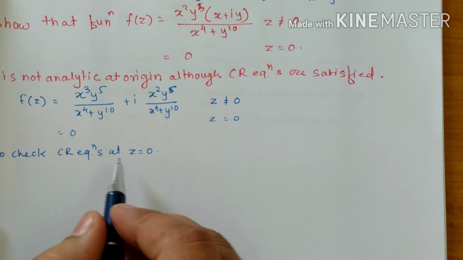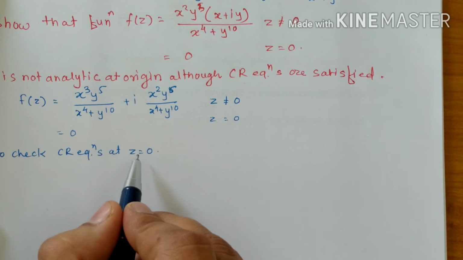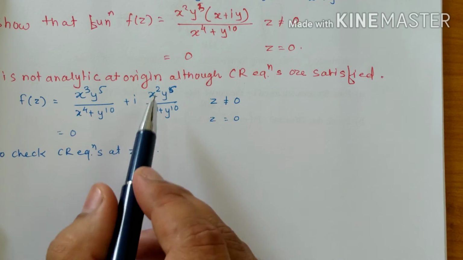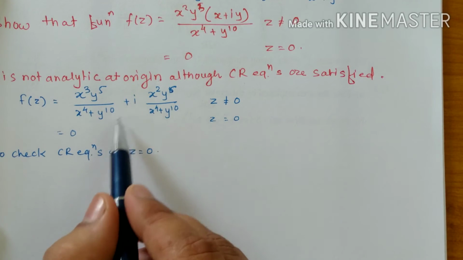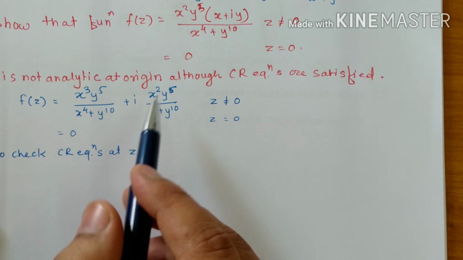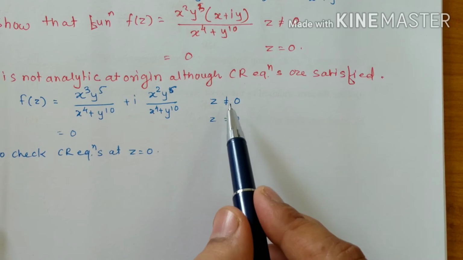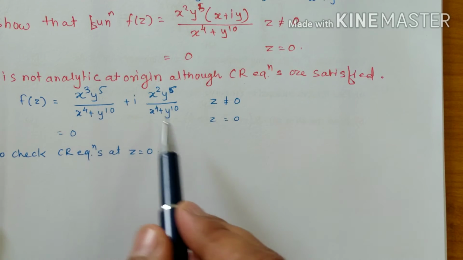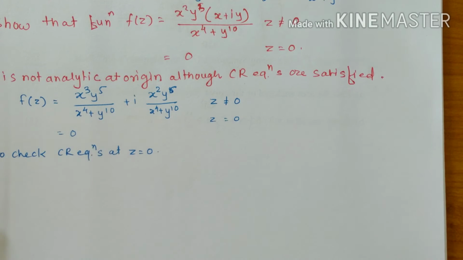Okay, so while discussing that at z equal to 0, see this definition of the f of z says that the graph is disconnected, as at z not equal to 0 this is the value and for z equal to 0 the value is 0.